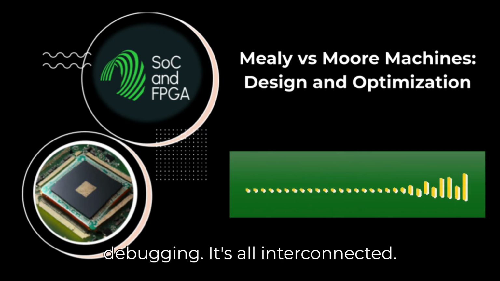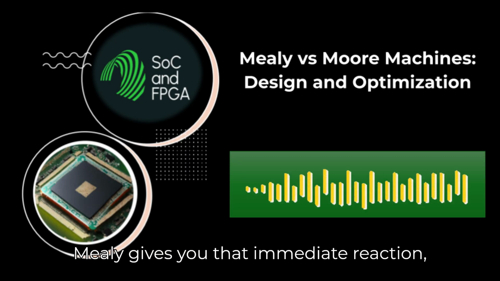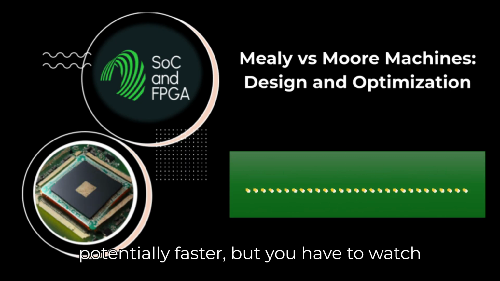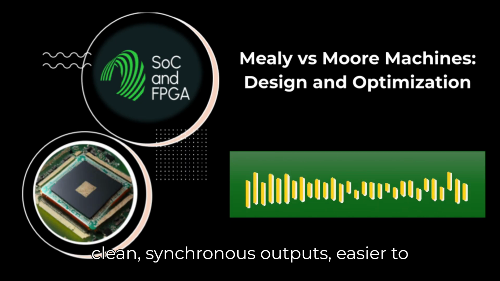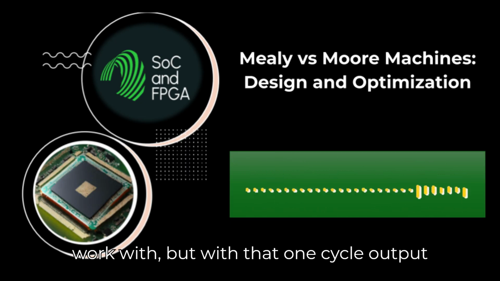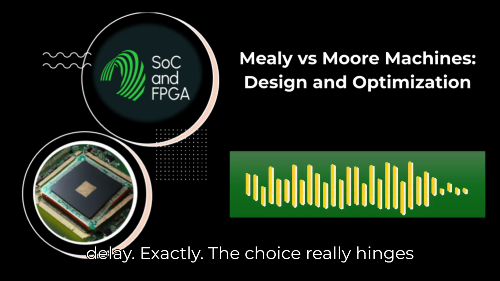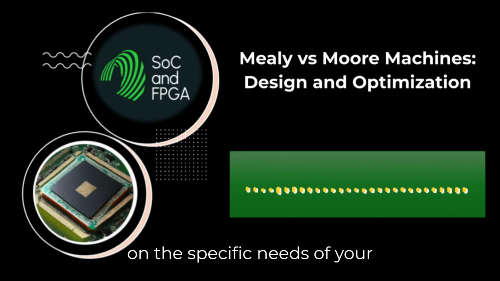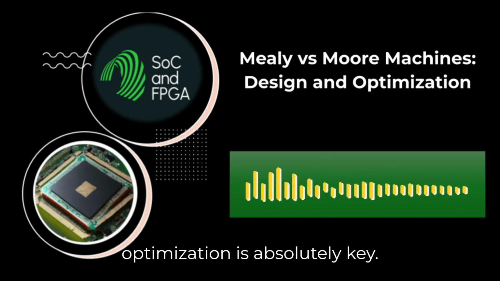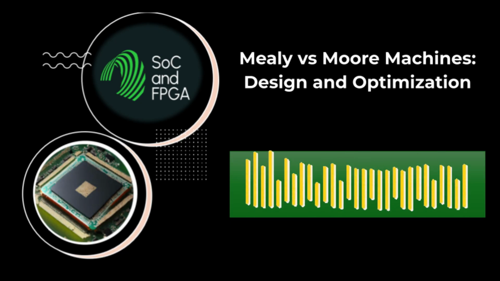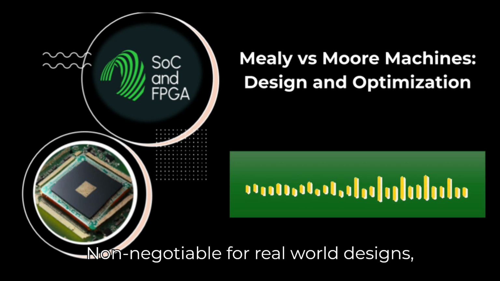It's all interconnected. Mealy gives you that immediate reaction, potentially faster, but you have to watch for glitches, whereas Moore gives you clean, synchronous outputs, easier to work with. But with that one-cycle output delay. Exactly. The choice really hinges on the specific needs of your application. And beyond that choice, optimization is absolutely key. Non-negotiable for real-world designs.